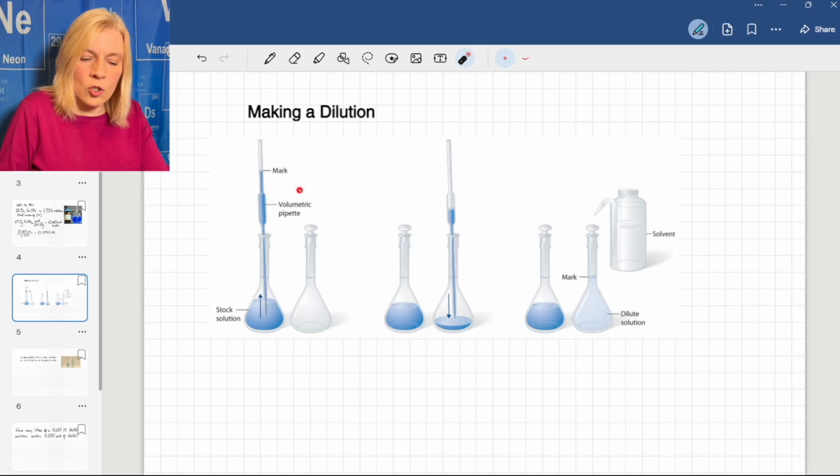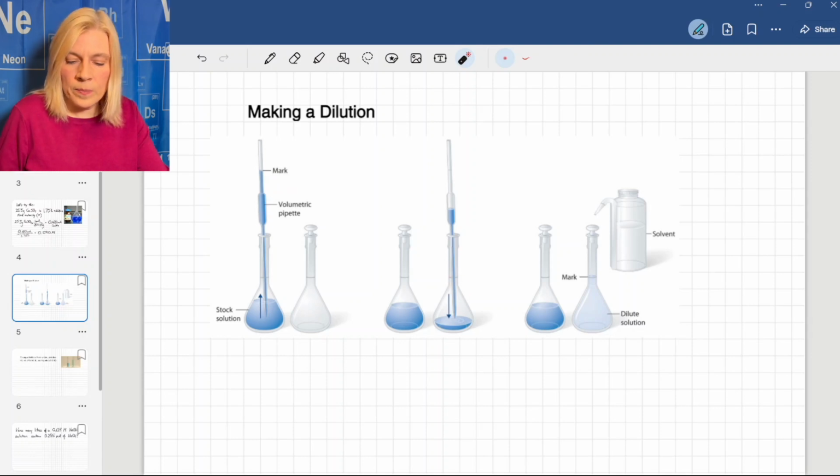We're going to transfer our pipette into a new volumetric flask with a tick mark for the volume that we need. You will transfer, dump it all in, and then you will add the rest water. Again, you will add it slowly to make sure that the bottom of the meniscus touches the tick mark that you have on the neck. Okay, what I need you to think about is this.